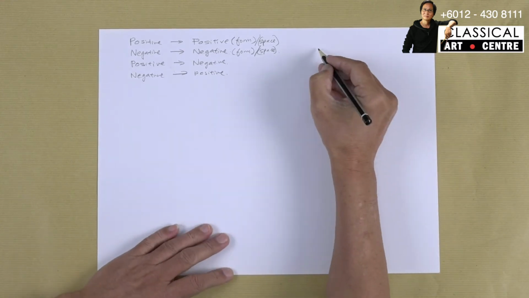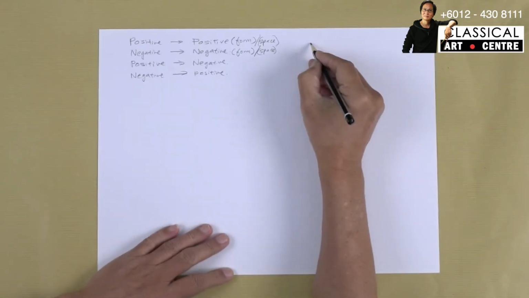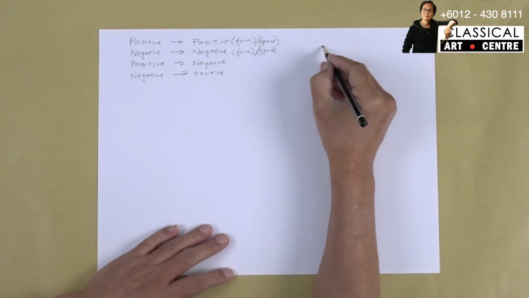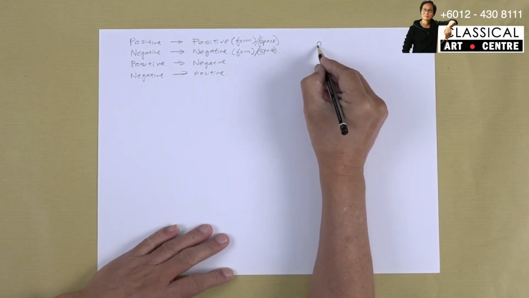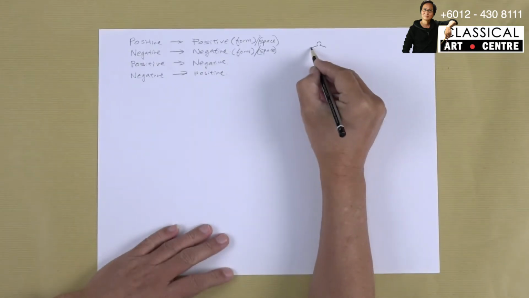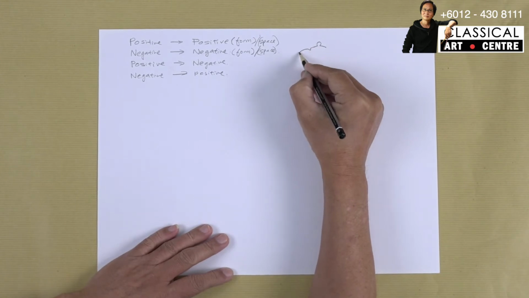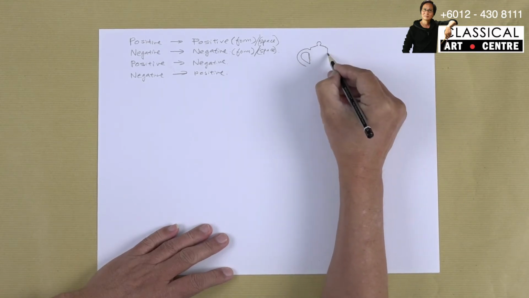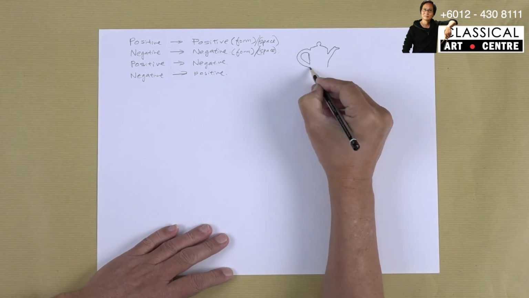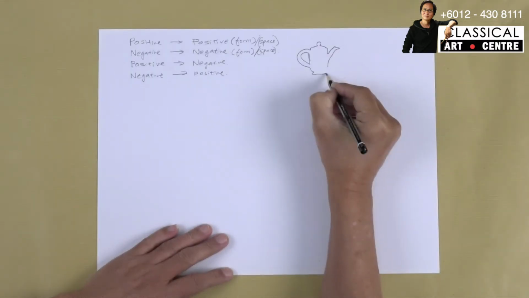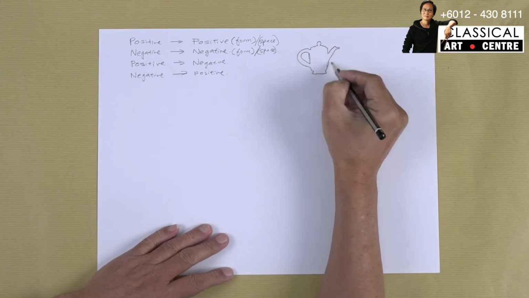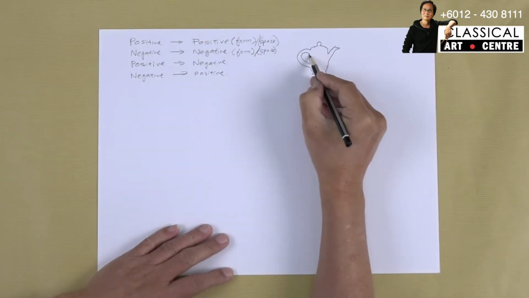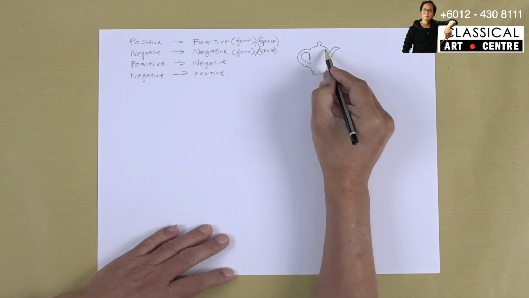Now let's say we draw a pot, but we draw it in this way. You don't see the inside. What we want like this means we don't bother about the inside.